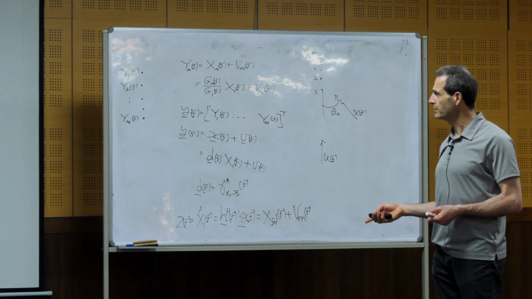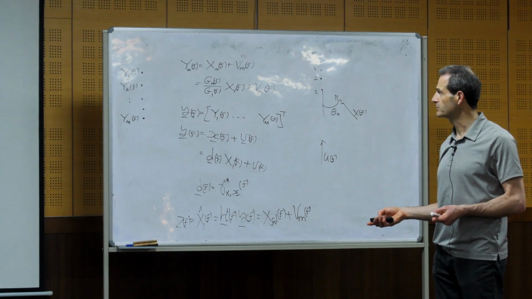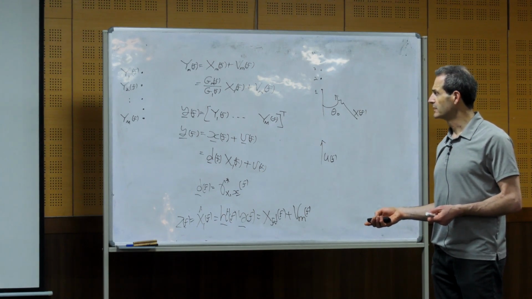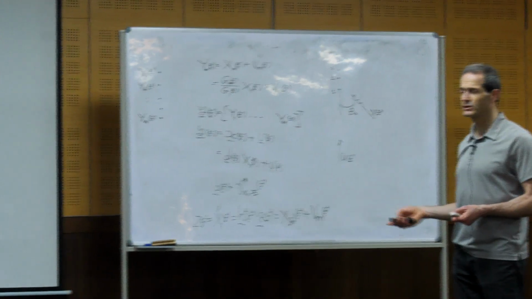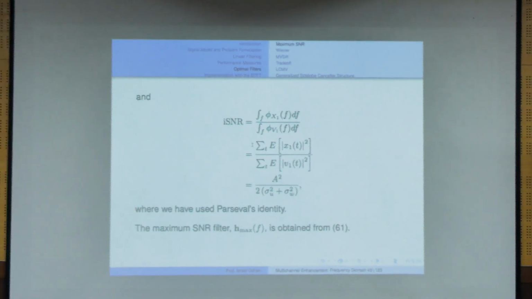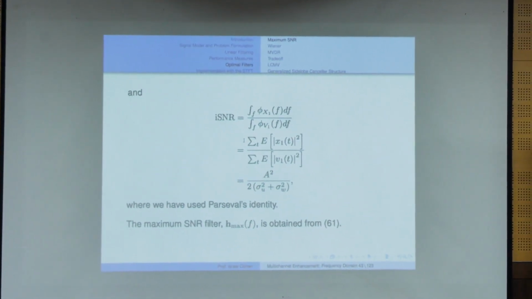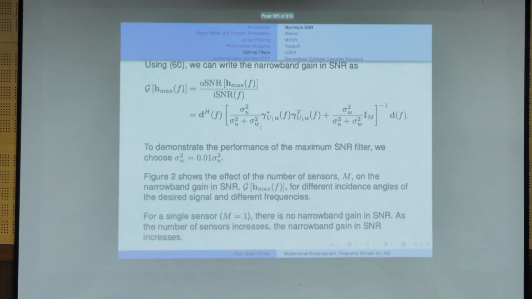So in this example, by the way, we can compute the correlation matrices and so on. I encourage you to follow these expressions. I'm not going through them, because it's an extension of the single channel, but I encourage you to follow this expression, how to compute the correlation matrices, phi v and phi x, and so on.